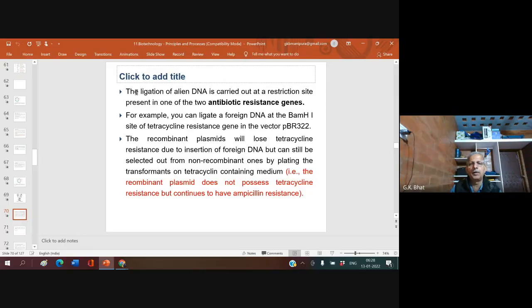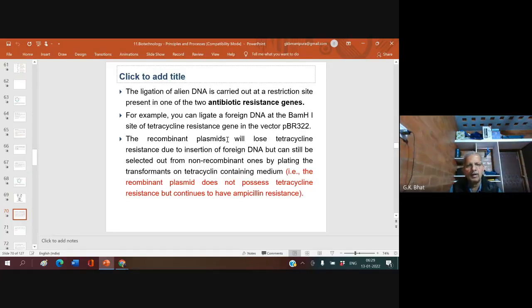The recombinant plasmid, what do you mean by recombinant plasmid? A recombinant plasmid is one where the gene of interest is ligated into the site of an antibiotic resistance gene. The recombinant plasmids will lose tetracycline resistance due to insertion of foreign DNA, but can still be selected out from non-recombinant ones by plating the transformants on a tetracycline containing medium.